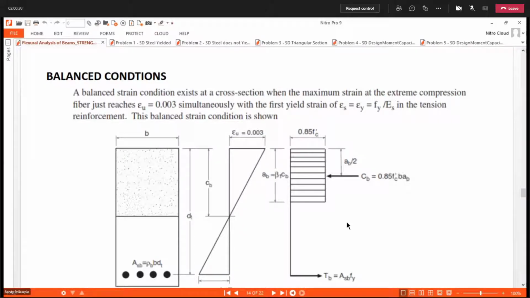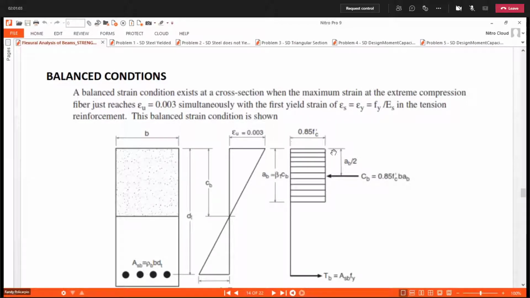Okay, so this particular condition in our material exists when the maximum strain at the extreme compression fiber, okay, so yung dalawang strain sa ating material: sa concrete we have the maximum strain equivalent to 0.003.